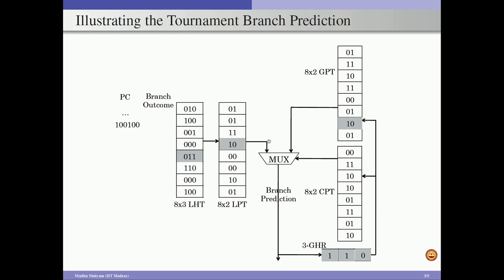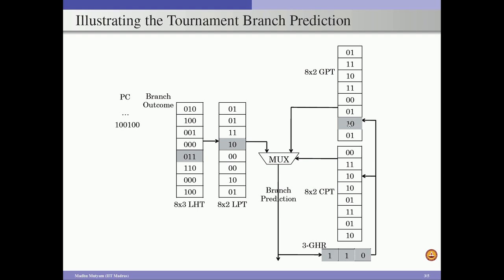So, this is going to predict that the branch is going to take place, and similarly our current 3-bit GHR has the state 110. Effectively, this is pointing to the 6th entry in our 8-entry tables. So, we go to the 6th entry in the global prediction table, which also has the value 10.